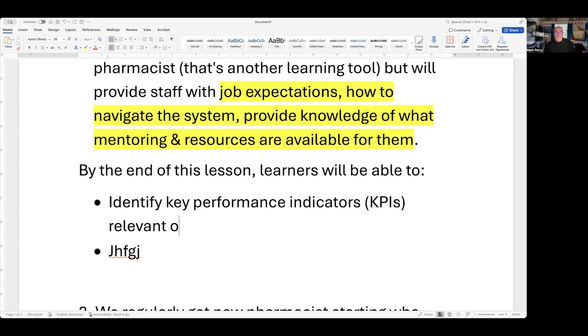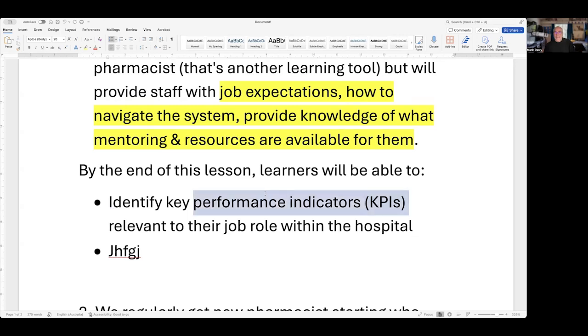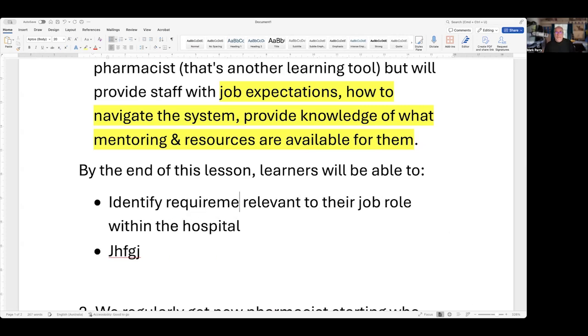Relevant to their job role within the hospital or something like that. You don't have to have it, it could be identify some other aspect, requirements maybe. I might soften that a bit. So the point is, I don't know exactly what this learner has in her requirements, but she does. And so I'm just guiding the process.